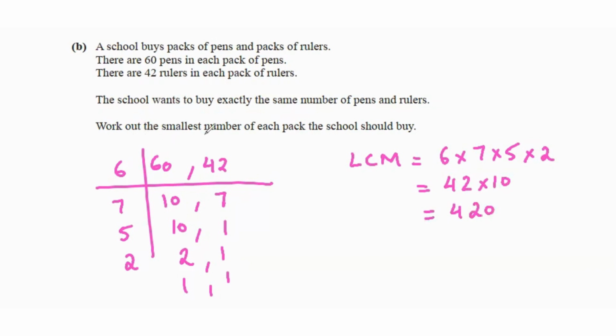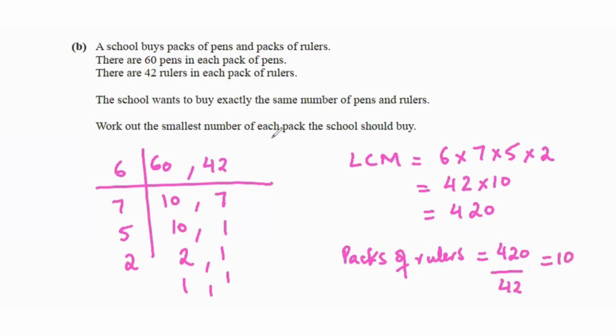So they want us to figure out the smallest number of each pack the school should buy. We have 42 rulers in each pack and 60 pens in each pack. To find the number of packs of rulers, we will do 420 divided by 42, which is 10.